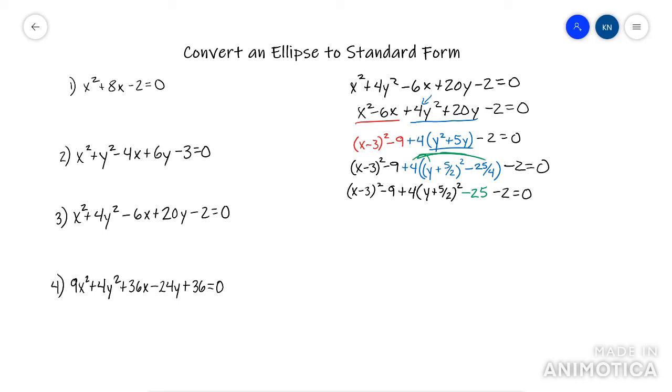All right. Now you can group all your like terms, these numbers. Let's see, that's going to make minus 36. Now you can move the minus 36.